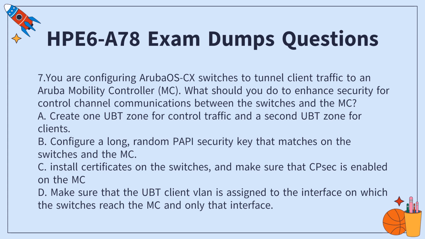B. Configure a long, random PAPI security key that matches on the switches and the MC. C. Install certificates on the switches, and make sure that CPSec is enabled on the MC. D. Make sure that the UBT client VLAN is assigned to the interface on which the switches reach the MC and only that interface.